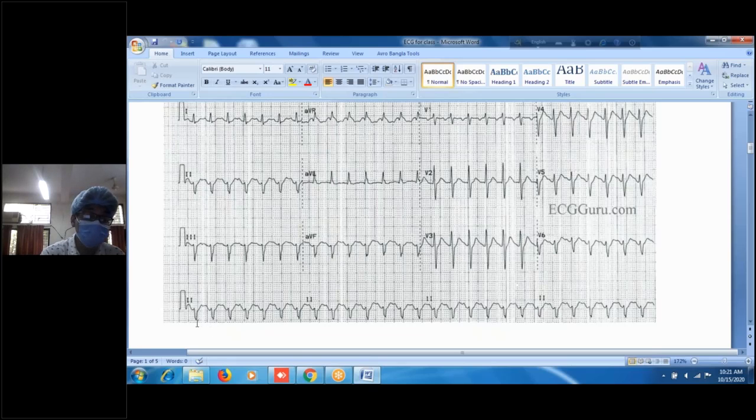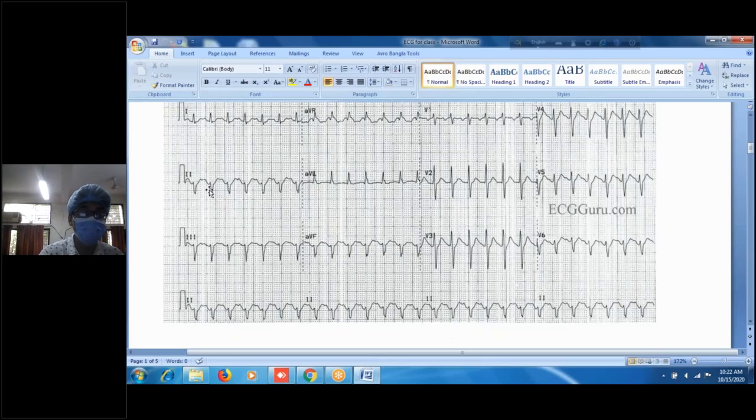But here the distance between the successive R waves is the same, which is regular. So you get an increased heart rate but regular rhythm. Again, the P wave here is absent.